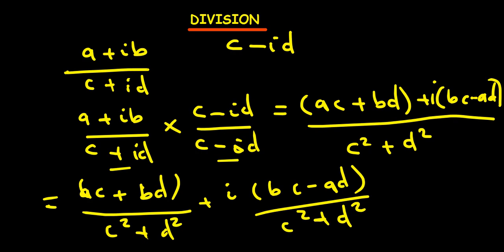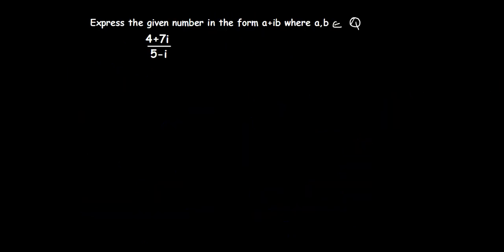So let us look at an example. The example says, express the given number in the form a plus ib, where a and b are members of the rational numbers. What we do here is multiply by the conjugate of the one at the bottom.